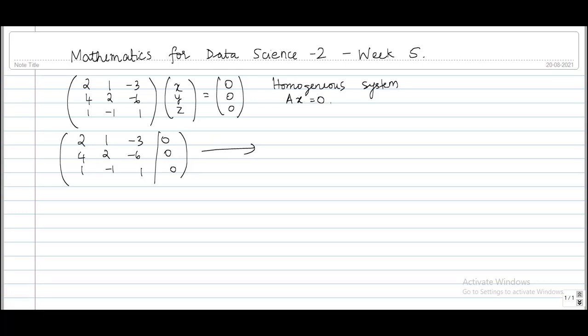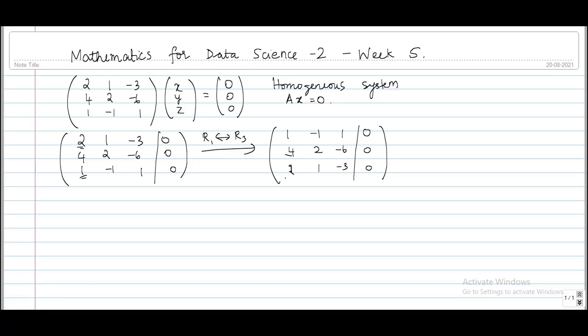Maybe we can interchange R1 and R3. Because we want this entry to be 1, we can either divide the first row by 2 or because this entry already has 1, let me just interchange these two rows. So I'll get 1, -1, 1, 0; 4, 2, -6, 0; 2, 1, -3, 0.